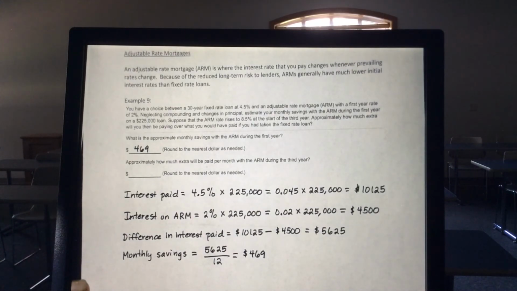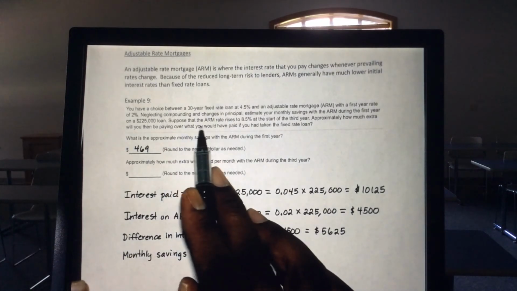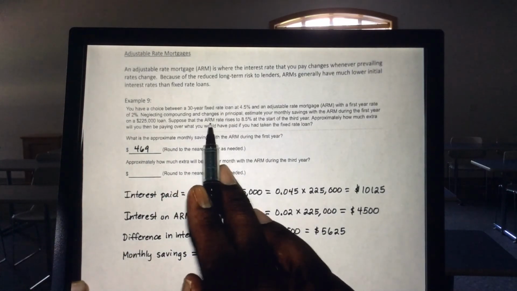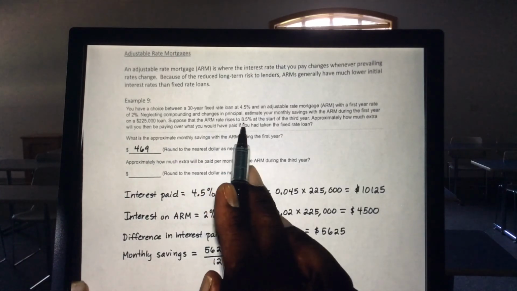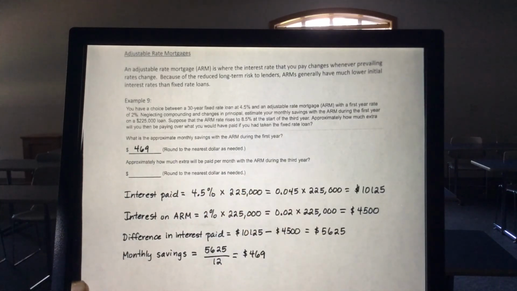And now, approximately how much extra will be paid per month with an ARM during the third year? In this problem, it does say, suppose that the ARM rate rises to 8.5% at the start of the third year.